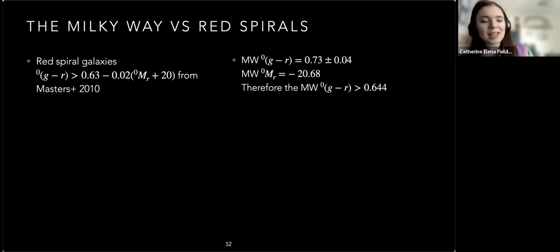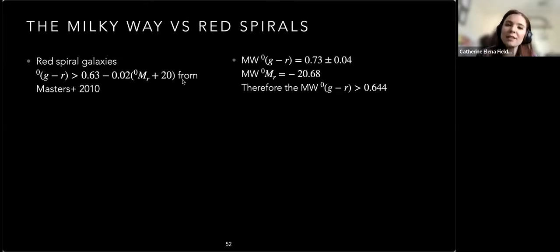So let's actually dive in and compare the parameters from red spirals to the Milky Way. So Karen Masters selected a color cut guided from prior studies of what red spirals probably fall within.